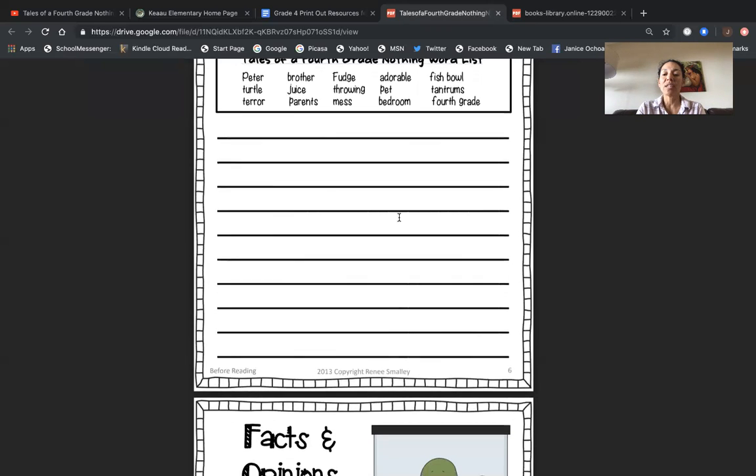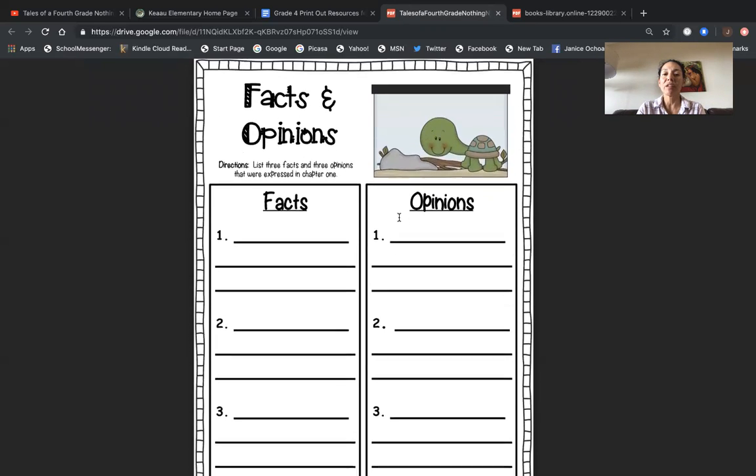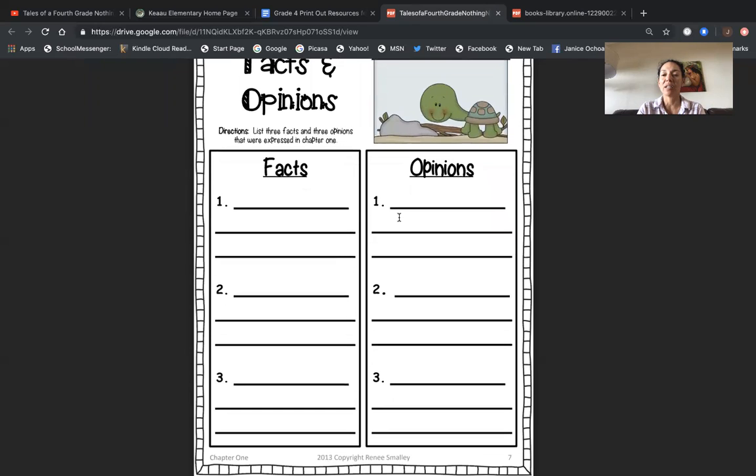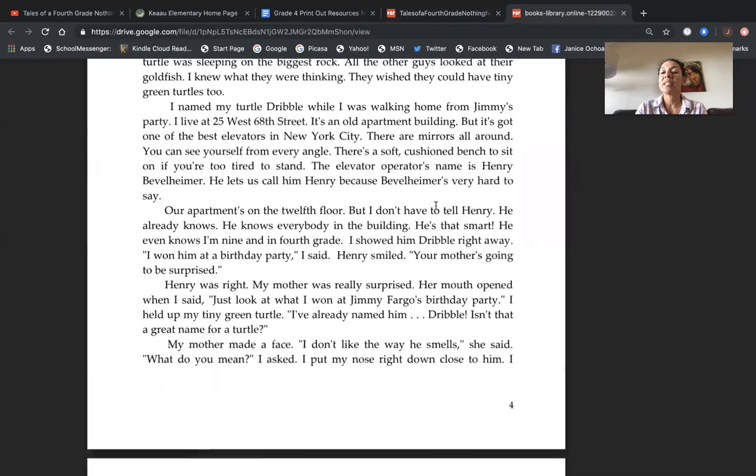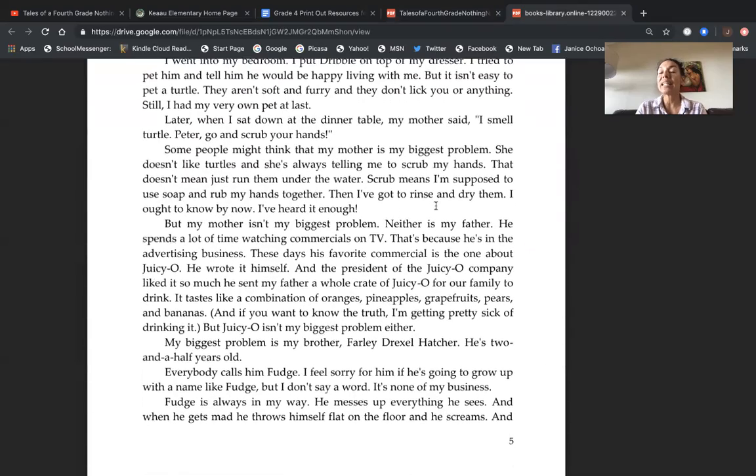All right, so let's move down to page 7, Facts and Opinions. It says, directions, list 3 facts and 3 opinions that were expressed in chapter 1. What you need to do now is go back to what we read and decide what really happened.